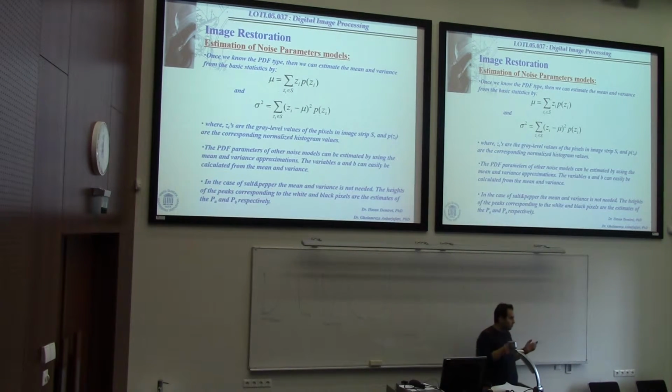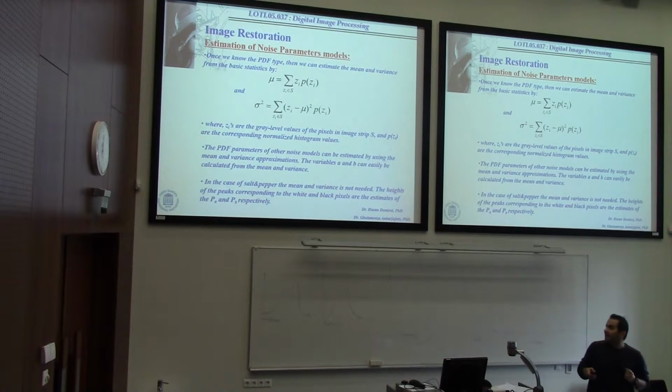We know that most of you passed the probability course, and when we know the PDF of a function, we can easily find the mu or mean or variance of the function. Then it's easy to use this equation to find the PDF.